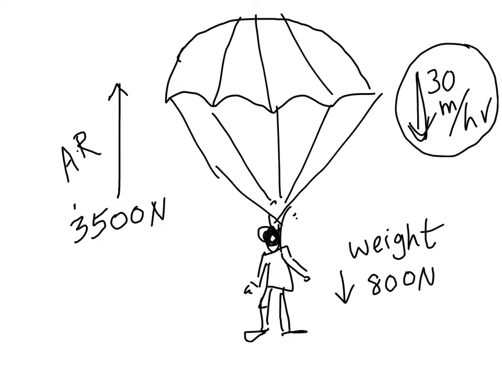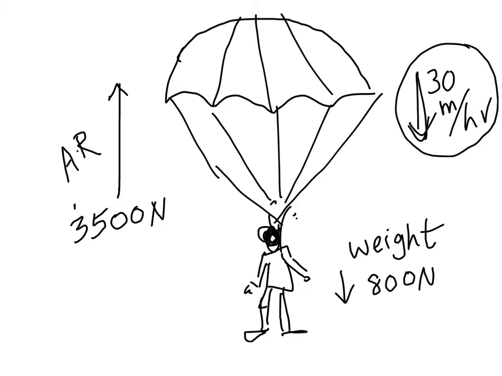So what will be the effect of the forces now? Have a look at the forces. The only force that's acting downwards is 800 newtons. And now, just because he's deployed the parachute, the air resistance has increased to 3,500 newtons. It was 800 newtons just before he opened up the parachute. Now it's 3,500 newtons.